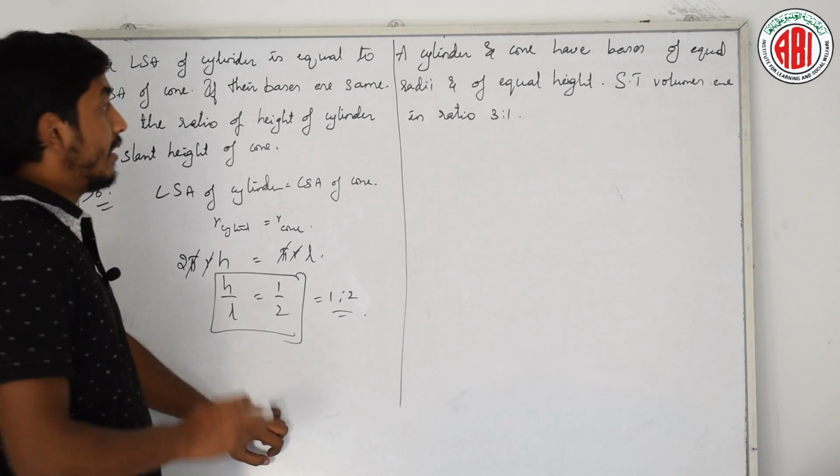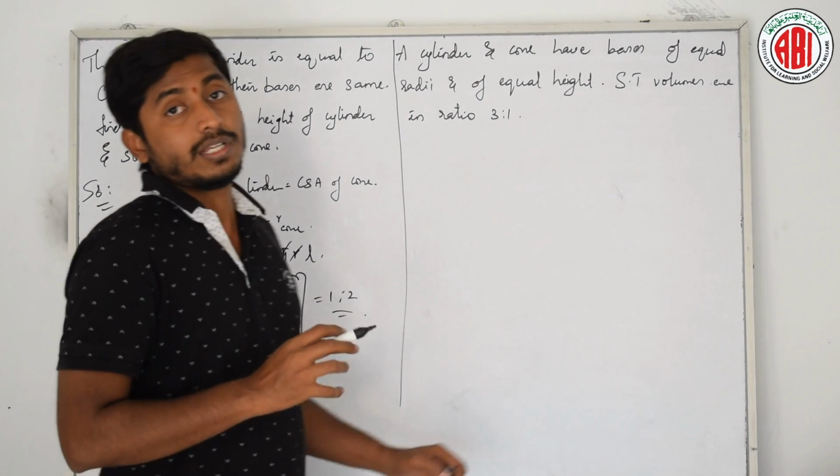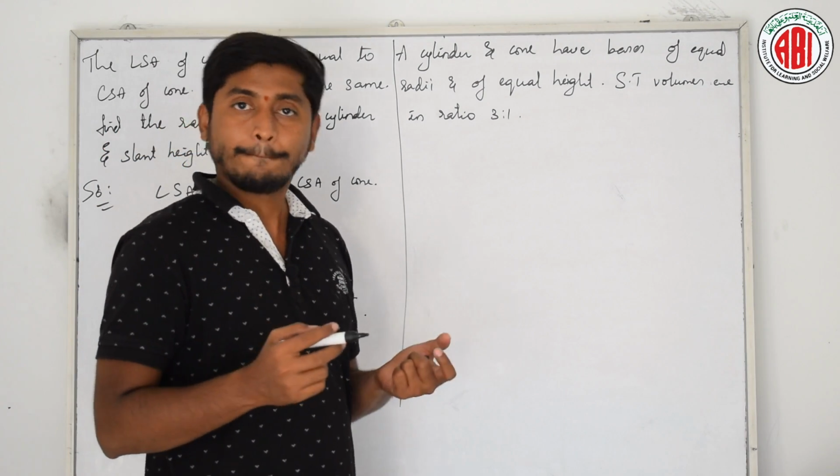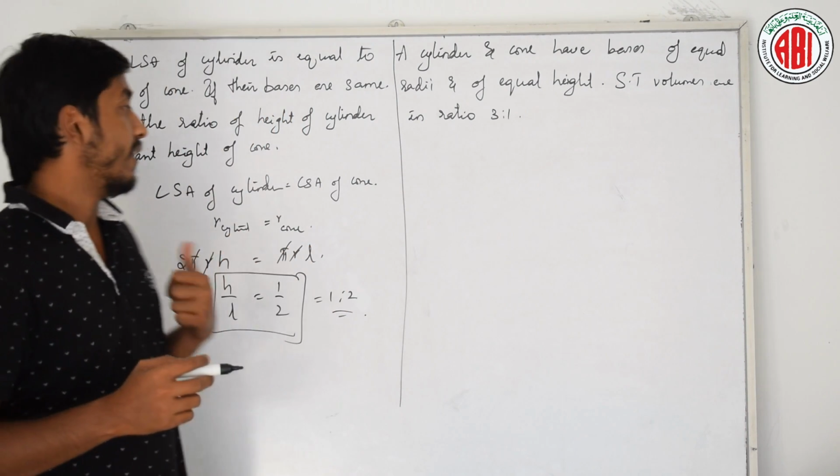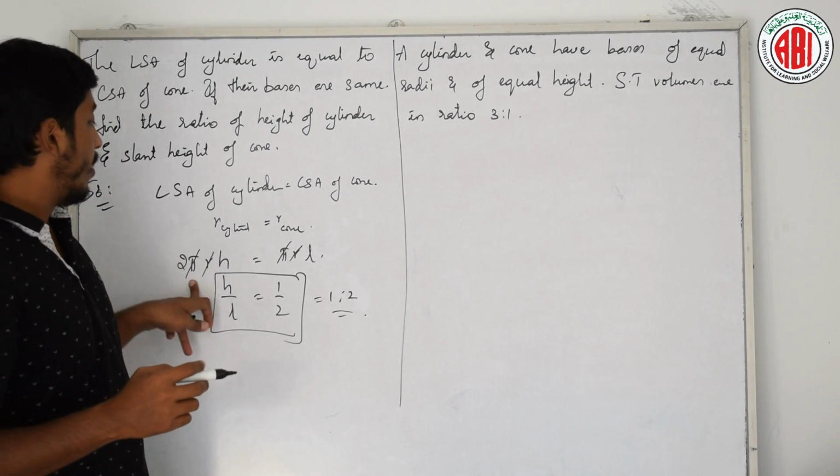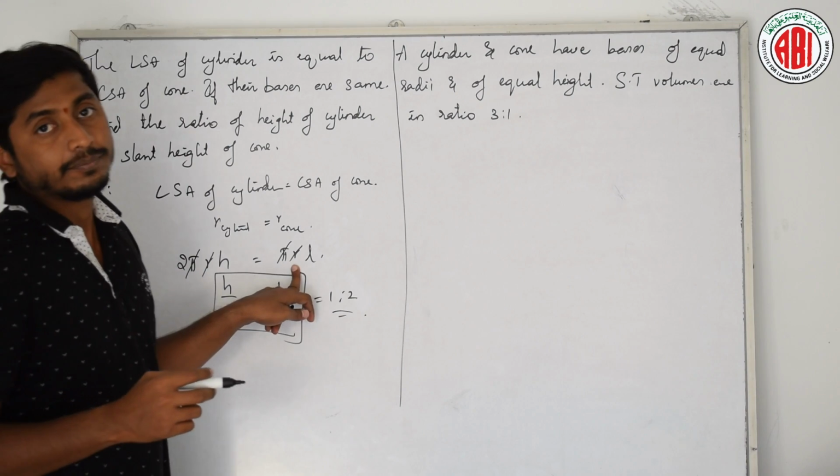Is it clear? These are all the basic questions he is going to ask in the exam. What do we have to know? We have to know the formulas exactly.